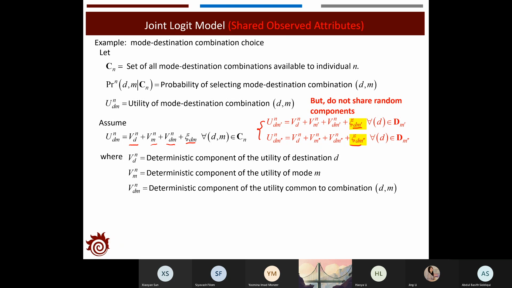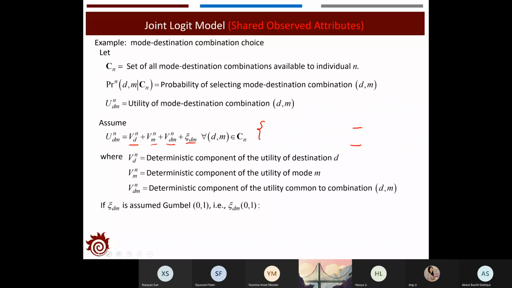So for now, based on these assumptions, if we assume that the epsilon dm follows the standard Gumbel distribution, we can find out the probability of choosing the combination d and m. That is the exponential of V_d plus V_m plus V_dm divided by the summation of those exponentials for all the combinations.